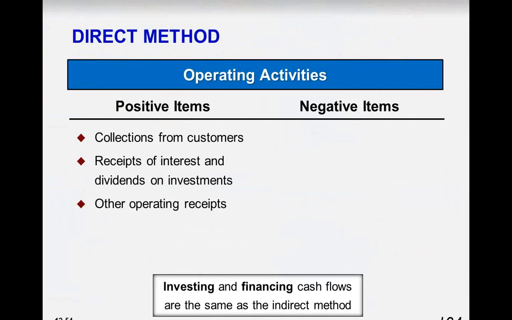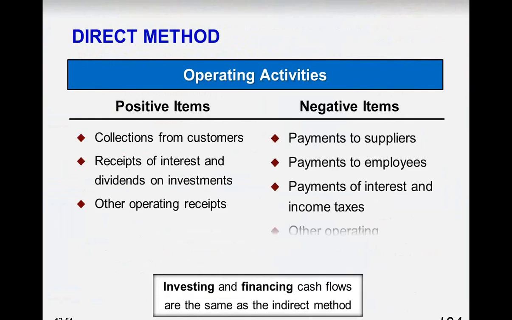With this, we're just going to analyze our collections from customers. We're going to look at the receipts of interest and dividends on investments and other operating receipts. And the negatives: we're going to look at payments to suppliers, payments to employees, payments of interest and income tax, and other operating payments. Okay, those are what we're going to do.